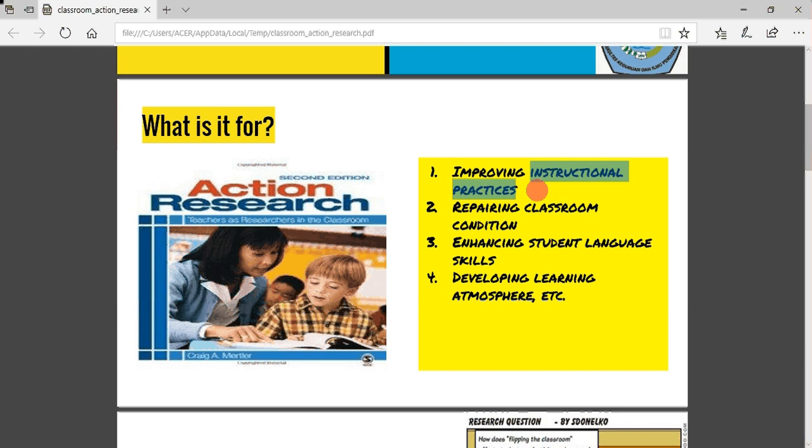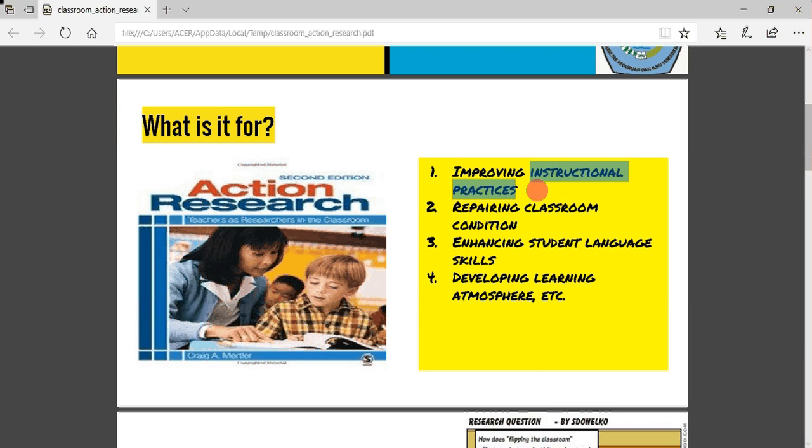So when the teacher wants to improve his or her capabilities in employing the technique, this could be one of the areas of action research.